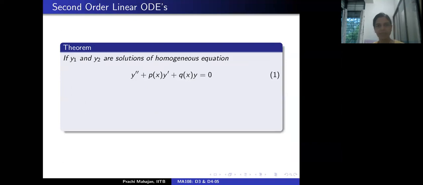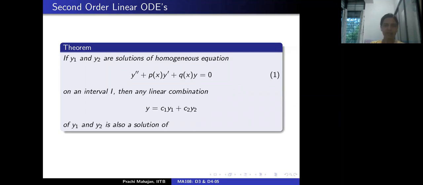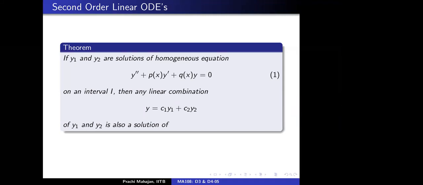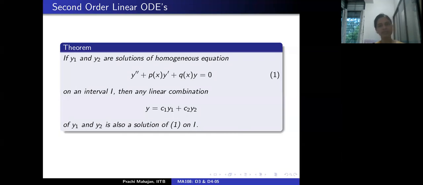I say that if y1 and y2 are solutions of the homogeneous equation d squared y by dx squared plus p(x) dy by dx plus q(x) y equal to 0 on an interval I, then any linear combination of y1 and y2, which means any function that looks like c1 y1 plus c2 y2, where c1 and c2 are arbitrary real numbers, is also a solution of this homogeneous equation on the same interval I. This is under the assumption that p and q are continuous on I. So why should this be true?